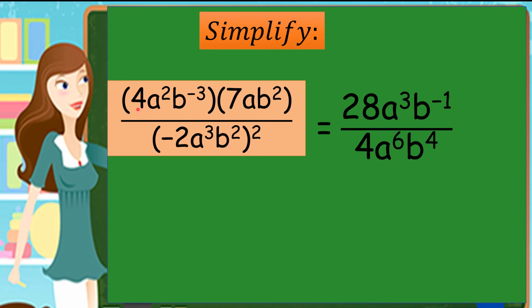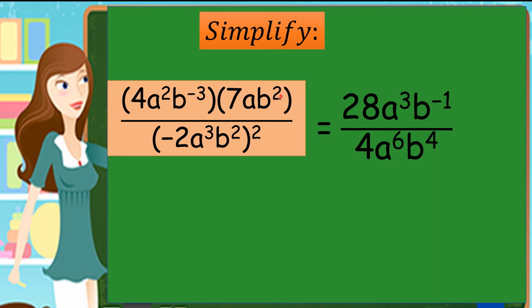So, ang ating magiging sagot ay 4 times 7, we have 28. Then, simplify natin yung parehas na a. So, a squared times a ay a cubed kasi inadd natin yung 2 at saka 1 na exponent dito. At yung b raised to the negative 3 at b squared, i-add din natin.